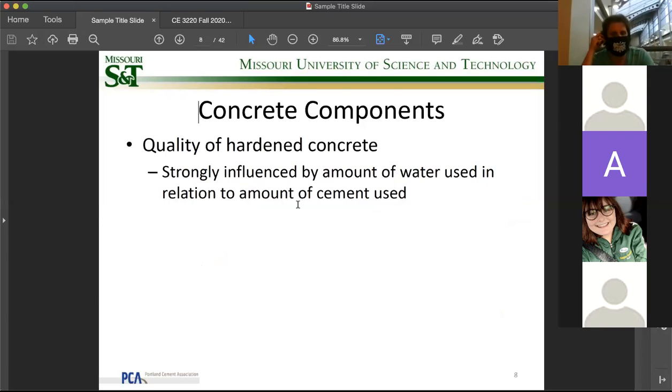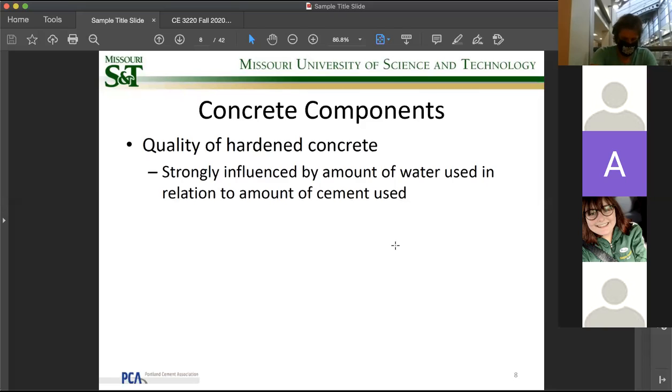All right, so what are the important parameters for the concrete we need to evaluate? First of all, we need to evaluate strength, right? That's for hardened concrete, okay? The quality of the hardened concrete, meaning its strength, is highly dependent on the amount of water used. So the water-cement ratio is very critical.